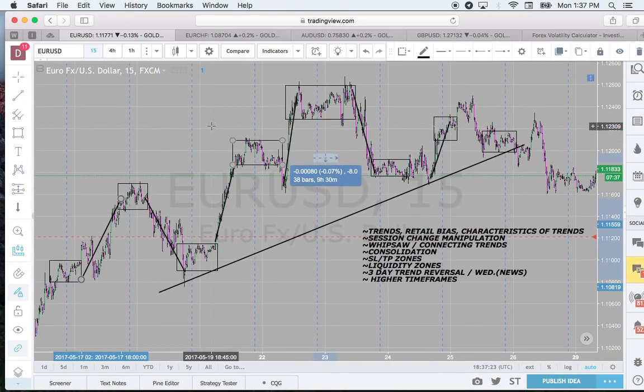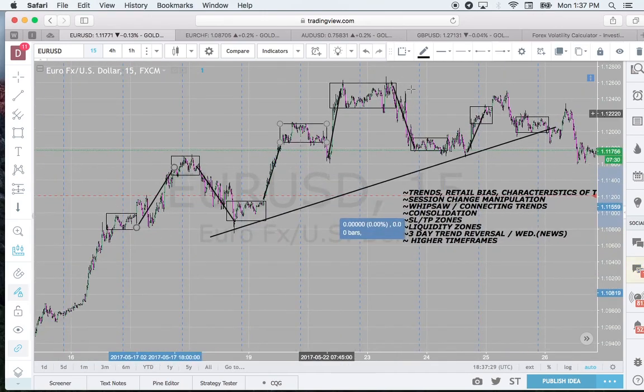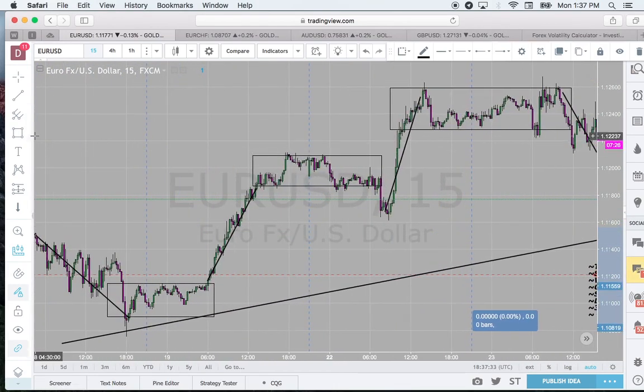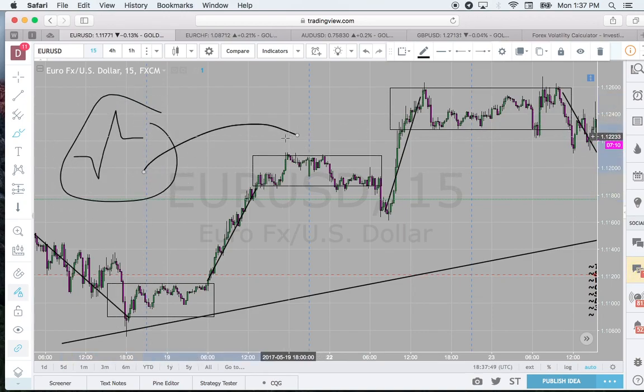Okay, here's a very beautiful example, you guys. This is an uptrend. We can see the structure here, and we can see the whipsaw that we talk about that creates the structure or the trends, right? This whipsaw just occurred right here.